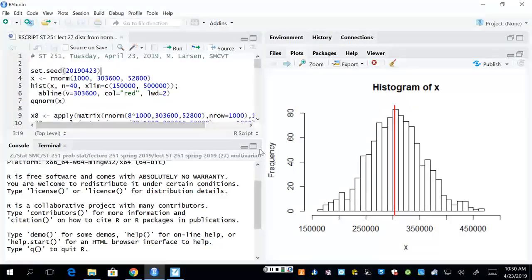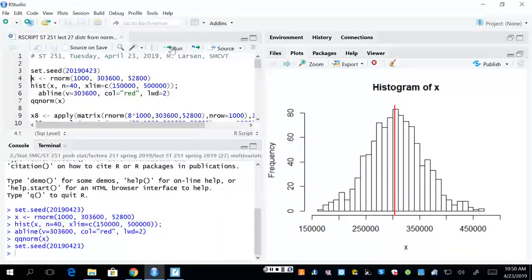But in R, we can simulate these things. So here, set a random number seed for today's date. To generate 1,000 values, this would be as if you had 1,000 individual rabbits, and each one had this mean of 303,600. Why is that one? Why did I use that one?